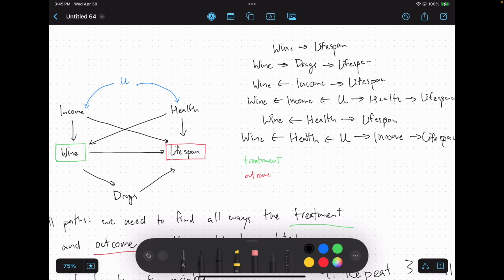If we forget about that particular path and I'm looking at this path instead, if income has no variation, then this entire pathway is closed, which is to say that the way in which wine and lifespan are related cannot be through this entire path, okay? And not just that variable. Your entire path is closed.